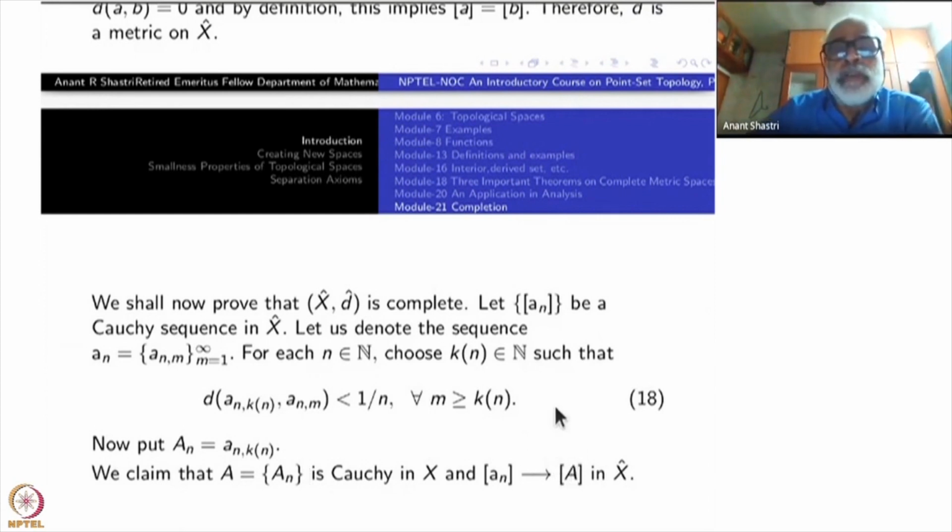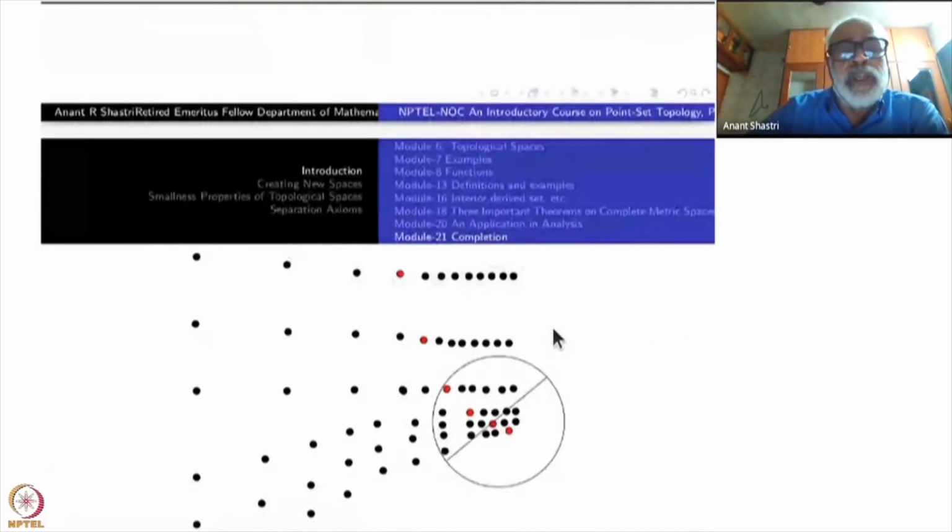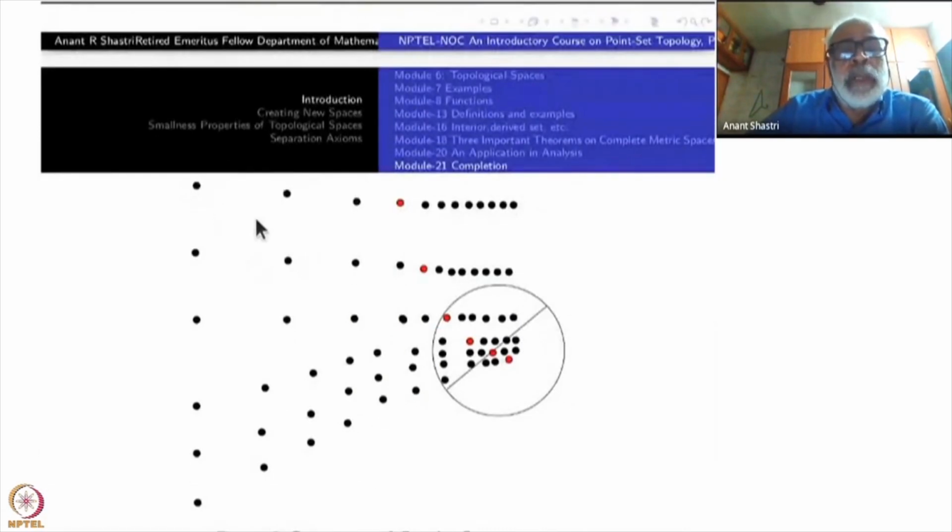All right. So let us carefully see how it is coming. Here is a picture. This is your a_1. I have chosen this red point here somewhere. This is a_1 k_1. This is a_2, this is a_2 k_2. a_3 k_3, and so on. a_n k_n is this sequence.